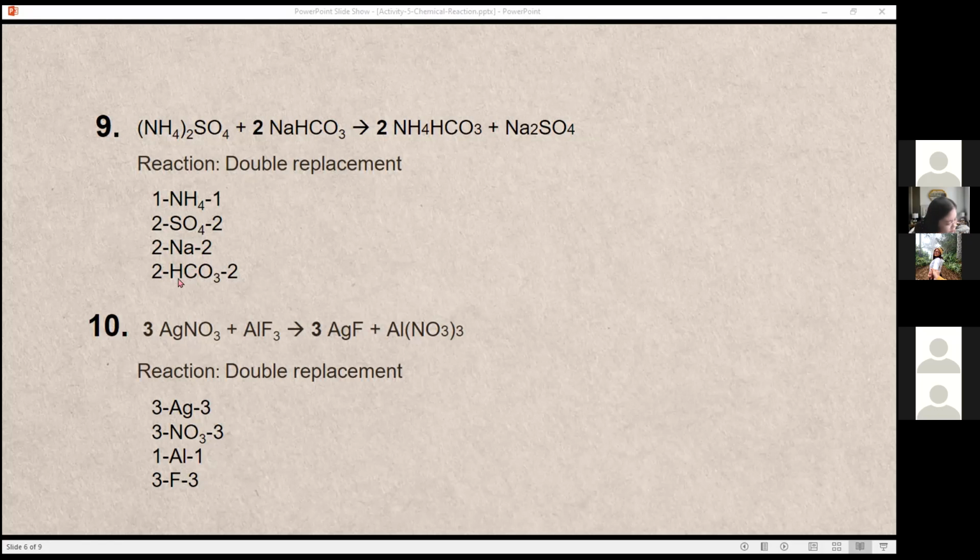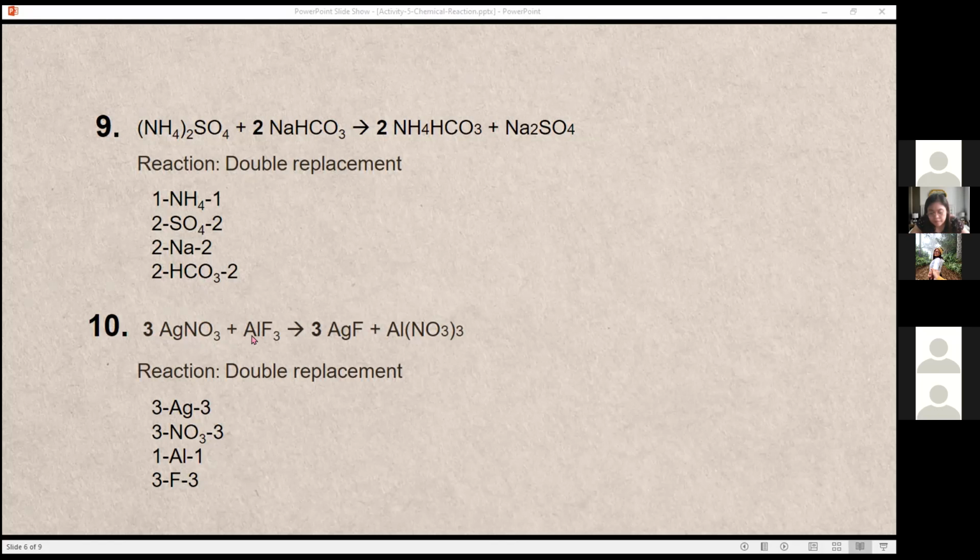And here po sa HCO3, dito po sa reactant side is 1, and dito po sa product side is also 1. So in order to balance this element, we put 2 here in reactant side para mabalance po siya.